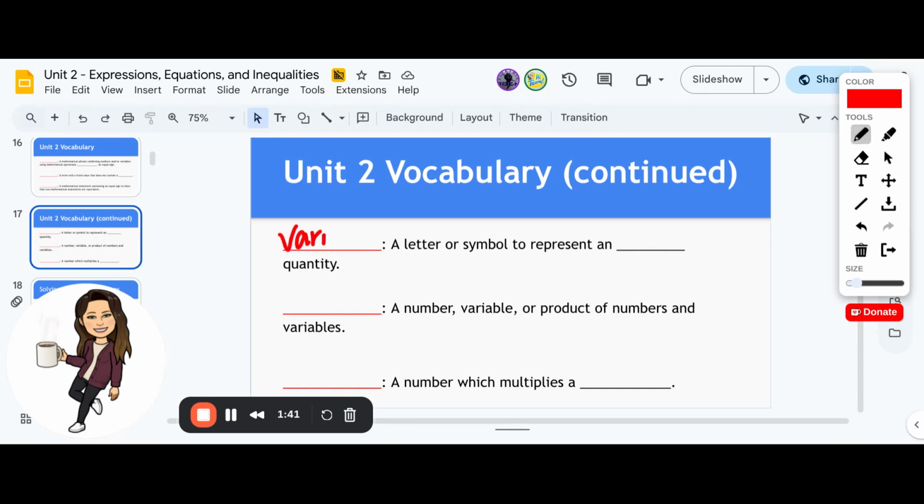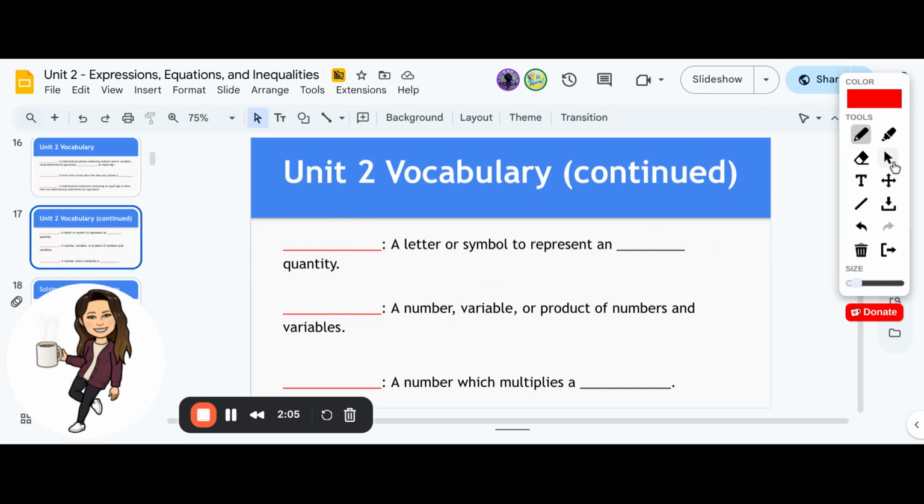Variable. That is a letter or symbol to represent an unknown quantity. Examples are like x, p, m, etc. Okay, so those are the only 3 that we focused on for this week's weekly check. We'll work on the others next week or in the coming couple of weeks.